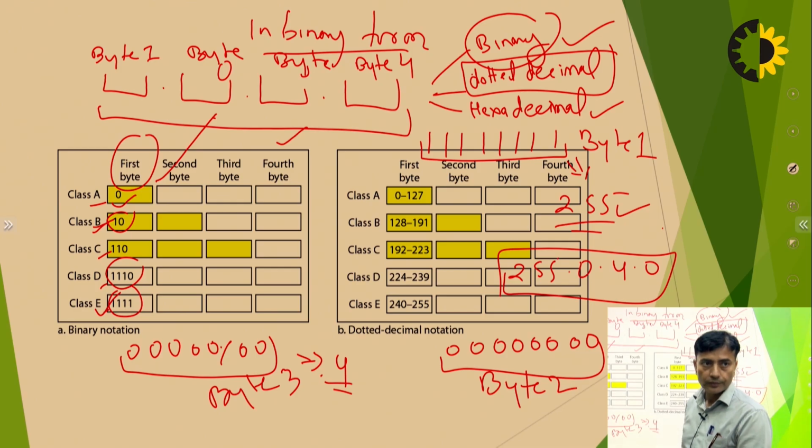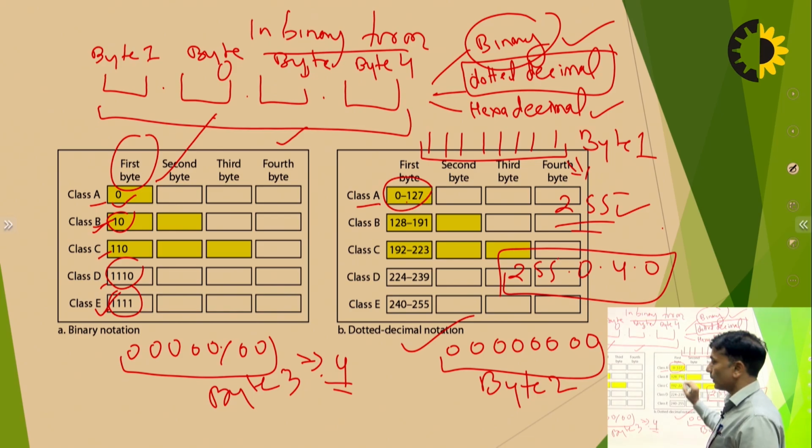Similarly, for decimal, suppose you are given the dotted decimal notation and you have to identify the class of that particular IP address. Class A always has the first byte between 0 and 127.